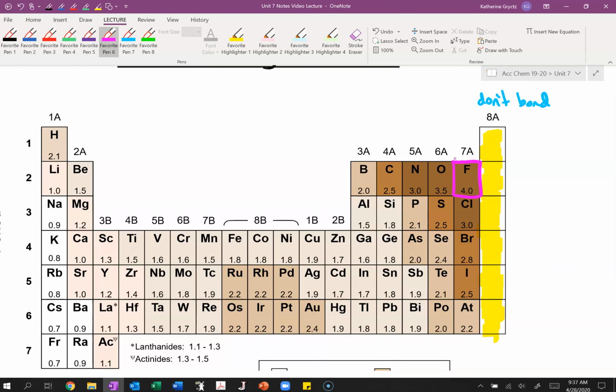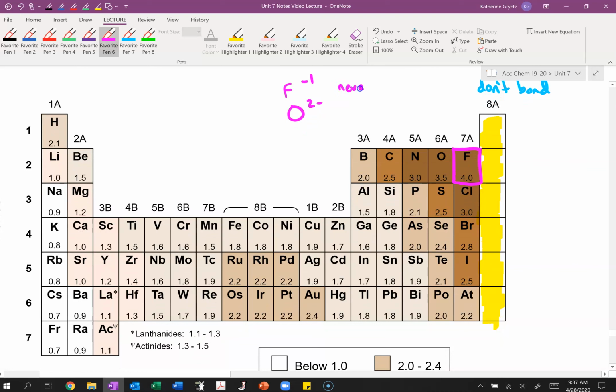So back in Unit 5, we talked about oxidation numbers, and one of the rules was that fluorine has a -1 charge whenever it bonds with anyone, and it never loses. And oxygen has a -2 charge, and oxygen loses only to fluorine.